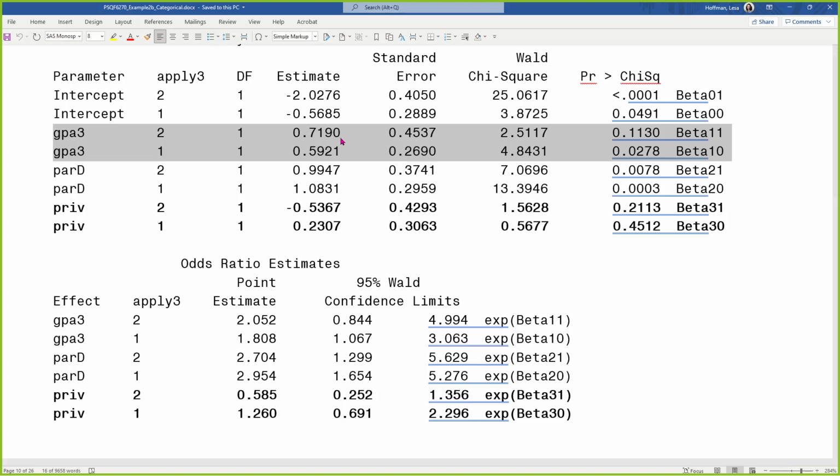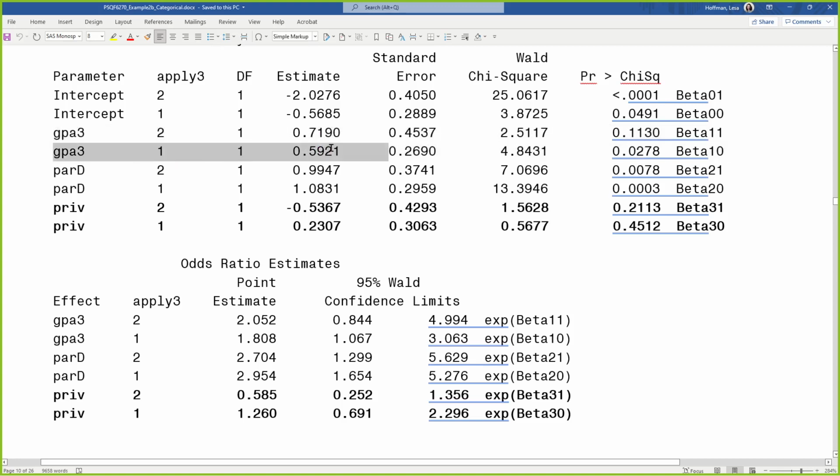It is the difference in the log of the odds for the probability of having a 2 instead of 0 or 1, adjusting for the other variables. Yes, so it is the difference in the log odds of answering a 2 instead of a 0 or 1 per unit GPA. We've got to get the units on there. So the log odds increase by 0.7 per unit GPA when we're predicting an answer of 2 instead of 0 or 1.